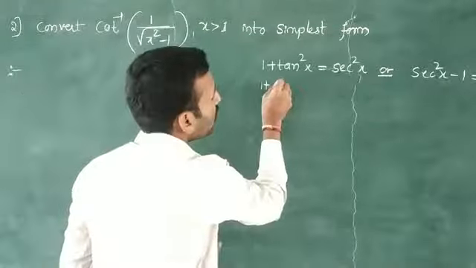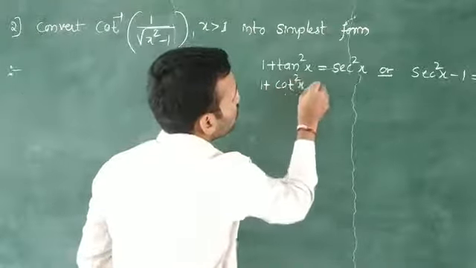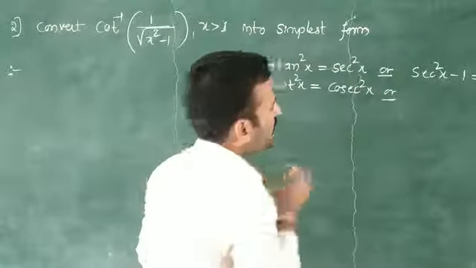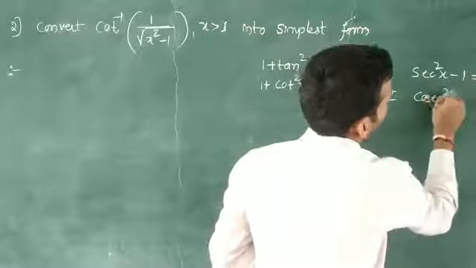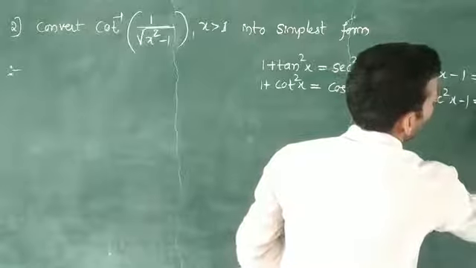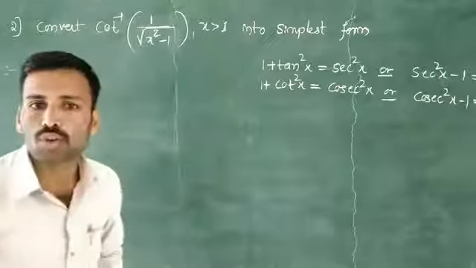Or, 1 plus cot square x is equal to cosec square x, or this can be written as cosec square x minus 1 is equal to cot square x.